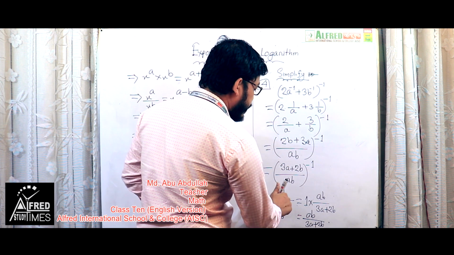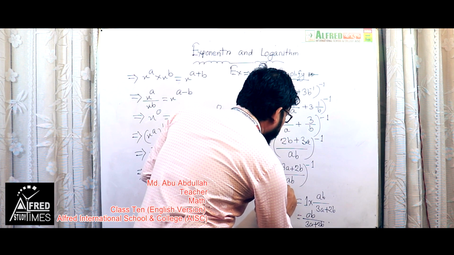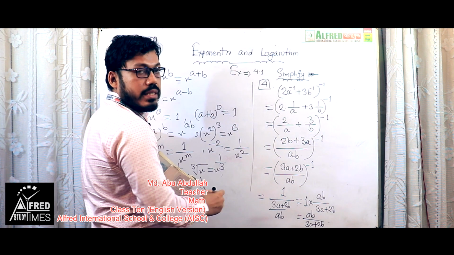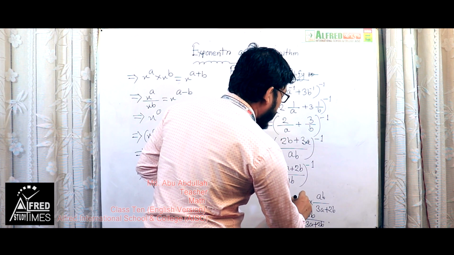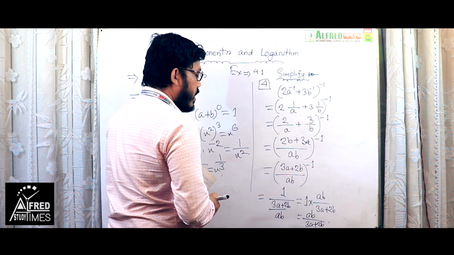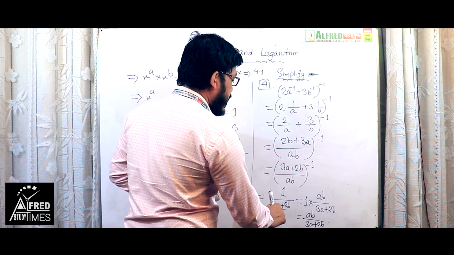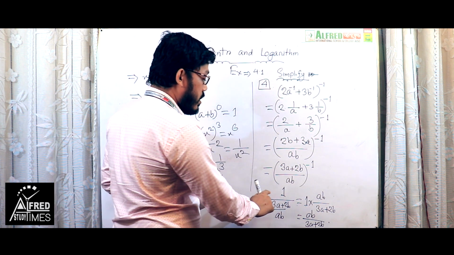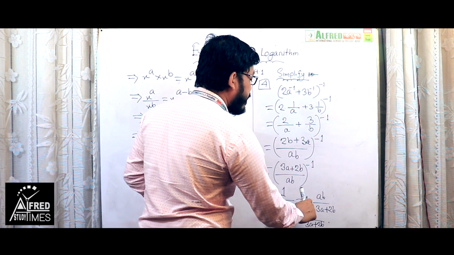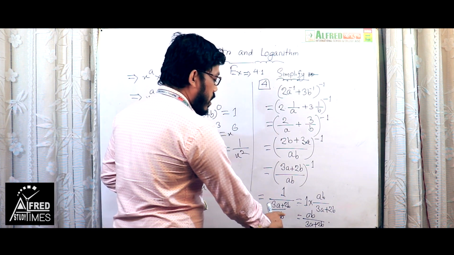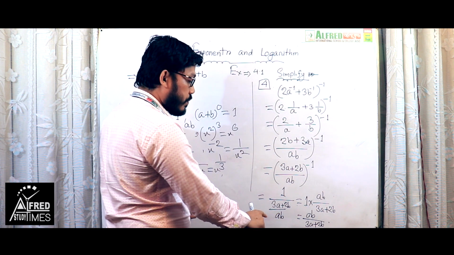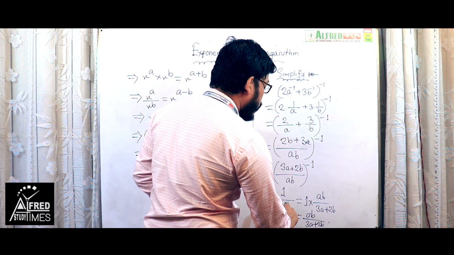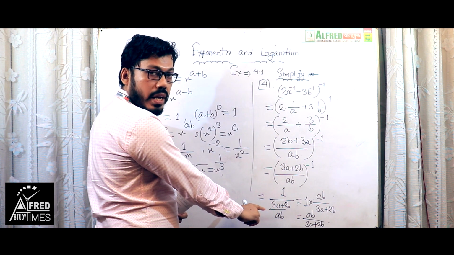So next, applying algebraic rules, we can change the sign between 1 and 3a plus 2b by ab from division to multiplying, and we have to change the position of the expression 3a plus 2b, which was at the numerator.